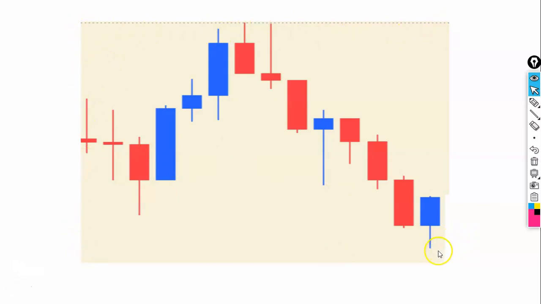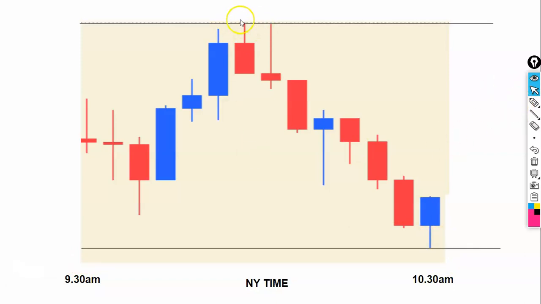So what you need to do first is, within that 9:30 a.m. to 10:30 a.m., you are going to draw a box, like this. You're going to draw a box from 9:30 to 10:30, just a 1 hour window. That's all you need. Then from there, you are going to mark out the wick, the highest point within that time window, and the lowest point.